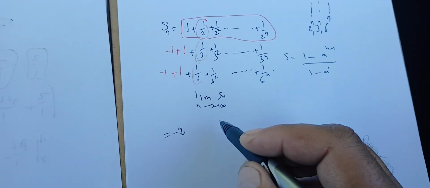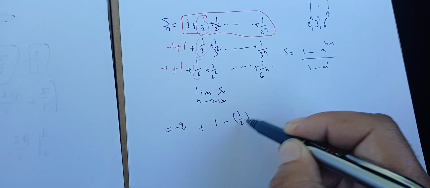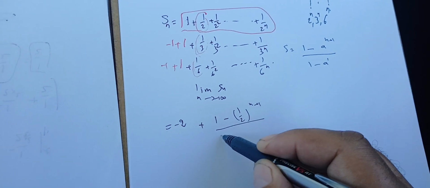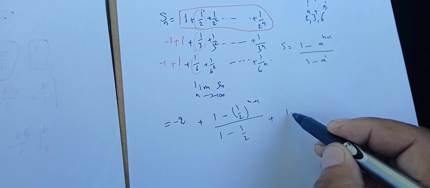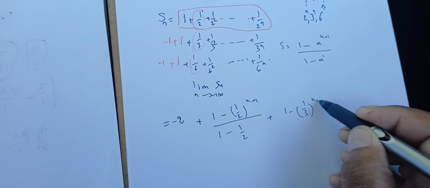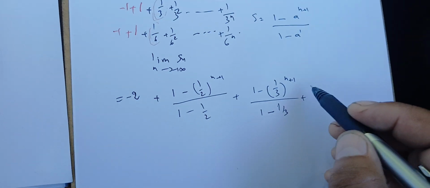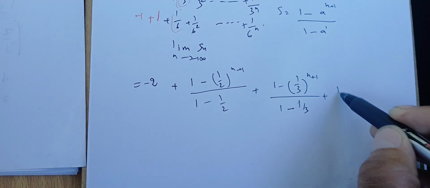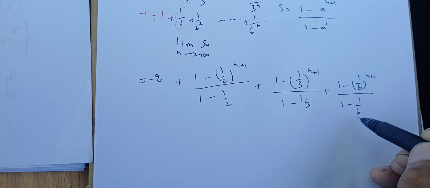The first one is going to give us 1 minus 1/2 to the power n plus 1, over 1 minus 1/2. The second one is going to give us 1 minus 1/3 to the power n plus 1, over 1 minus 1/3. And the last one is going to give us 1 minus 1/6 to the power n plus 1, over 1 minus 1/6.